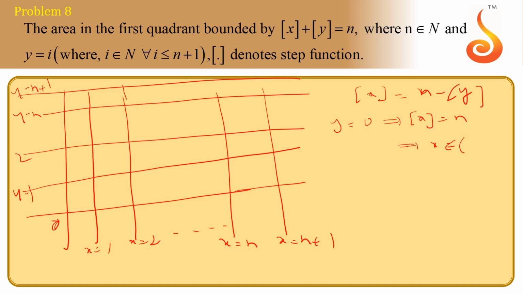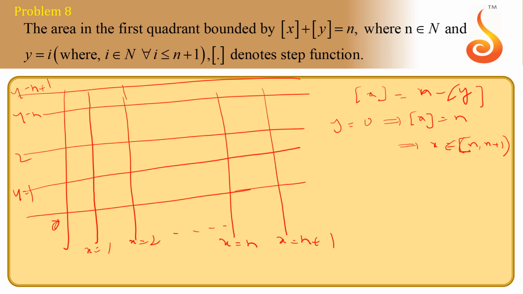When x belongs to closed n to open n plus 1. So when y equal to 0, you are getting x values from closed n to open n plus 1.